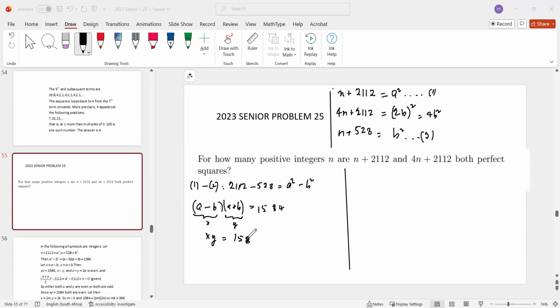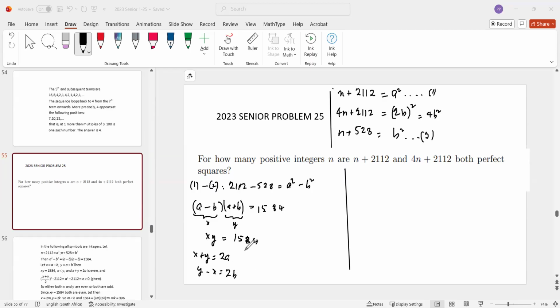So I need to factorize 1584 to get to the solution, where x is a minus b and y is a plus b. So x plus y, when you add these two, you get 2a. And here, x minus y will be a negative, so let me make that y minus x. If I subtract this from that, that gives you 2b.